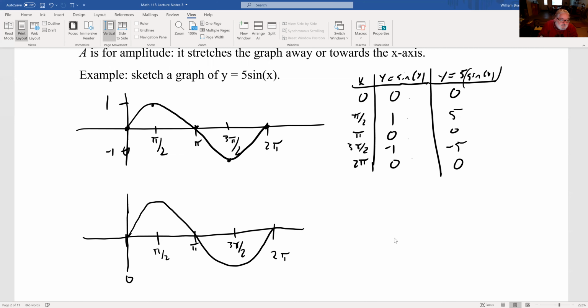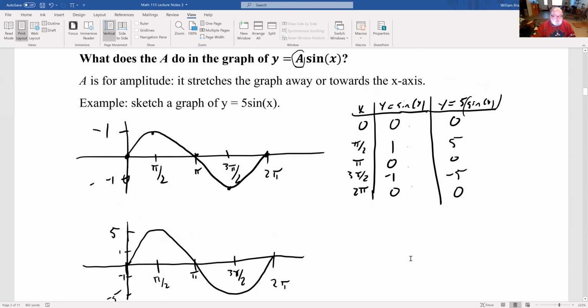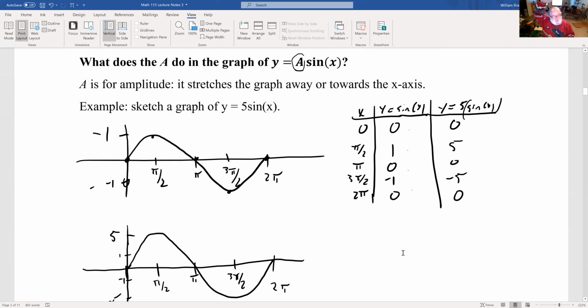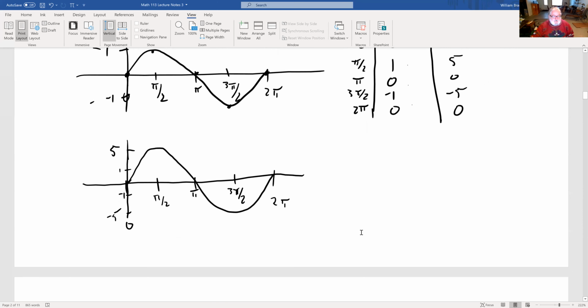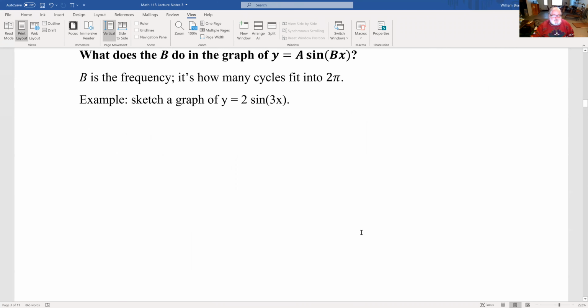It's just that now instead of going from 1 to -1, we're going from 5 to -5. So it looks exactly the same. It's just been stretched out, right? The basic sine graph is from 1 to -1, but we've stretched out to 5 to -5. Okay, so it's called the amplitude, and it's just how high up and down away from the x-axis that your graph goes. What does b do?